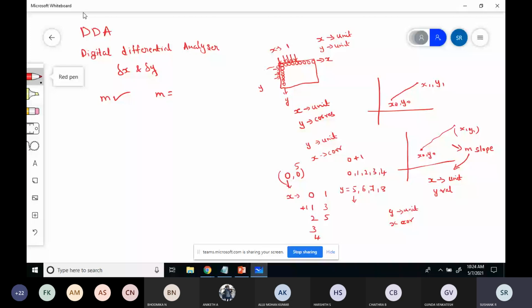Slope is given by the difference between y coordinates and the difference between x coordinates. In the previous explanation, I just gave you a general equation. So here I'll explain this. So some points are there.